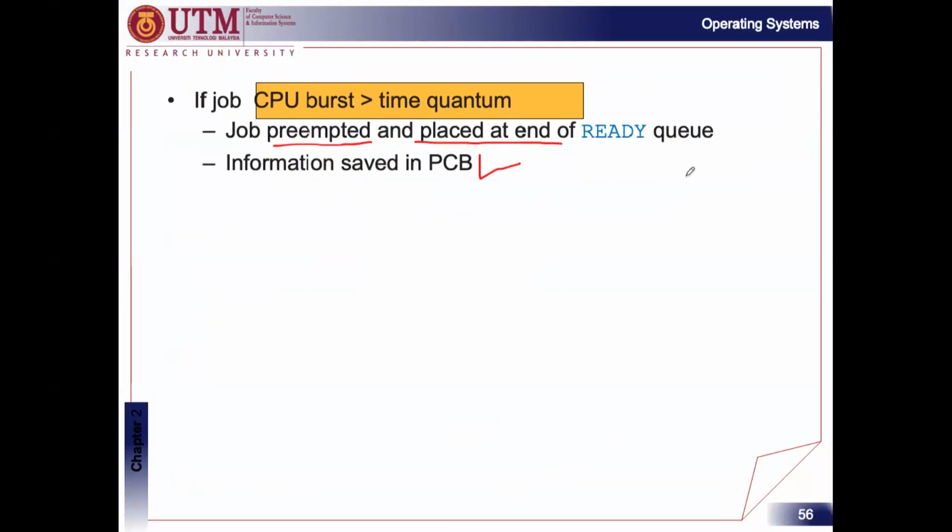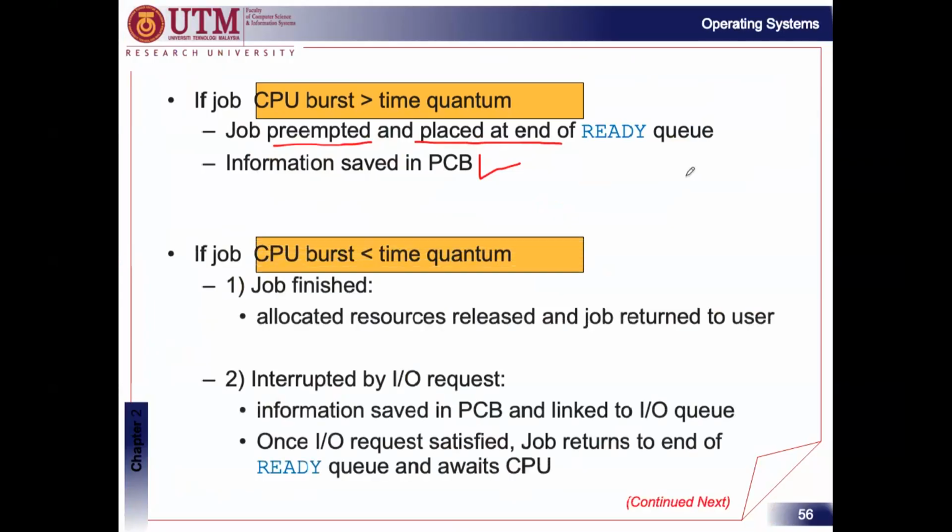Next, if the job's CPU burst is less than the time quantum, then either the job finishes or is interrupted by an IO request. If the job finishes, allocated resources are released and the job is returned to the user.